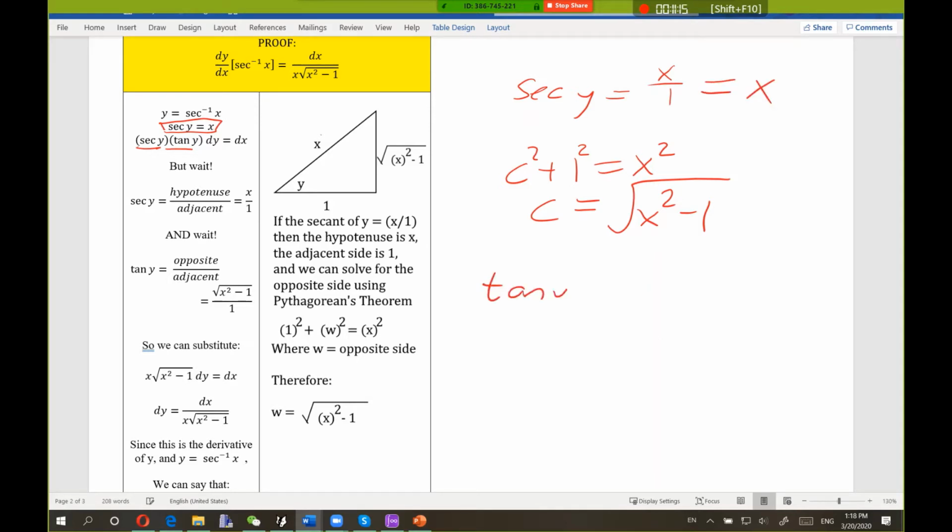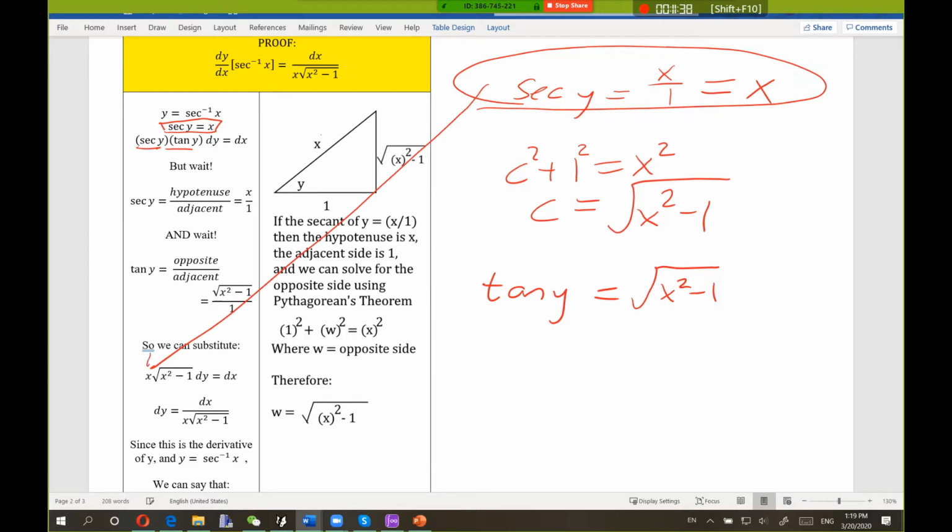The tangent of y then is opposite over adjacent. So this will be the opposite, root x squared minus 1, divided by my adjacent, which is 1. Okay, so that'll allow us to substitute. Anytime I see a secant y, I can replace it with x. Anytime I see a tangent y, I can replace it with root x squared minus 1.